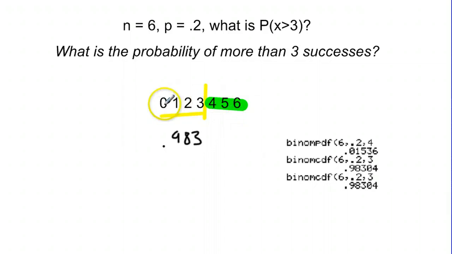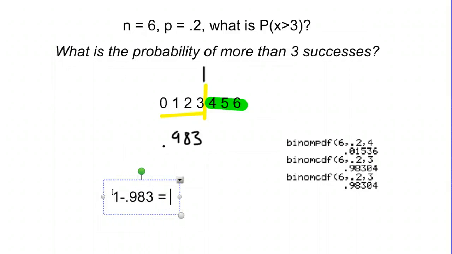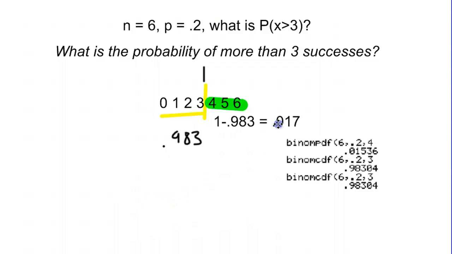There's a 100% chance that I'm going to get somewhere between 0 and 6. So if the probability altogether is 1 for this whole list, and the probability of the left side is 0.983, I can take 1 minus 0.983, and that gives me my answer for the highlighted region of 0.017. So this probability is 0.017, and that would be the answer to the question, the probability of more than 3 successes.